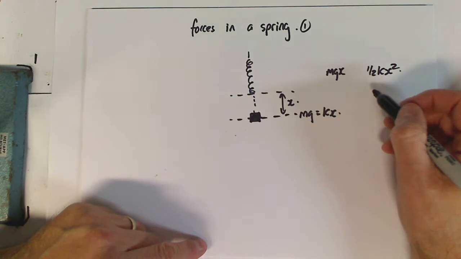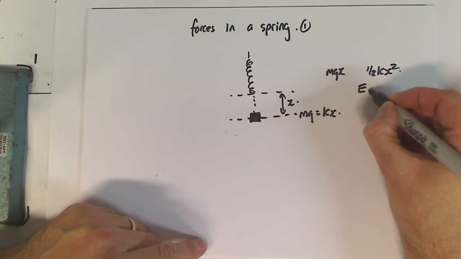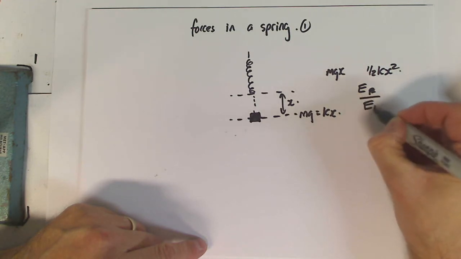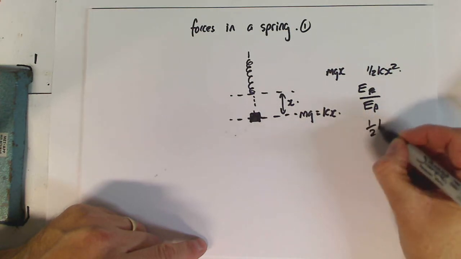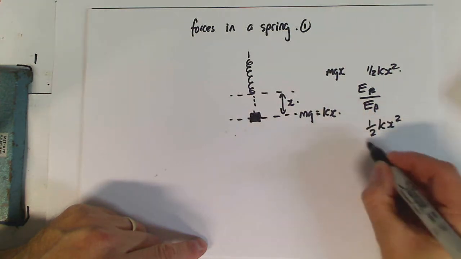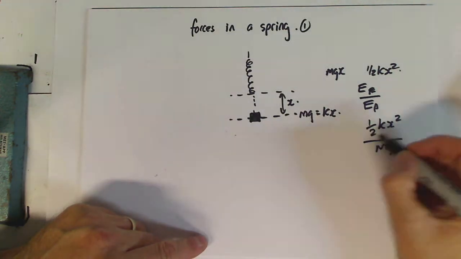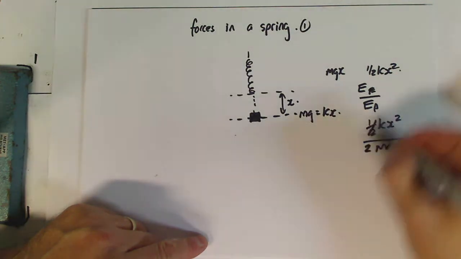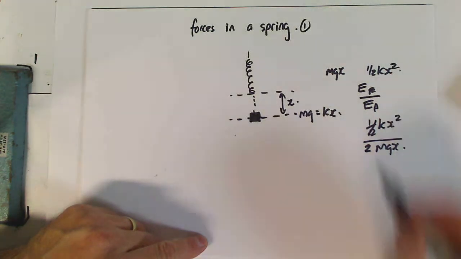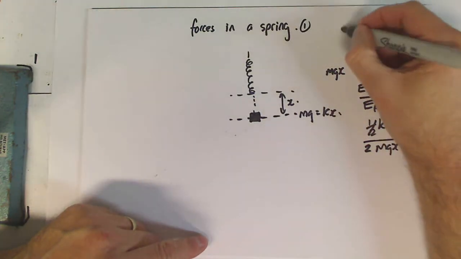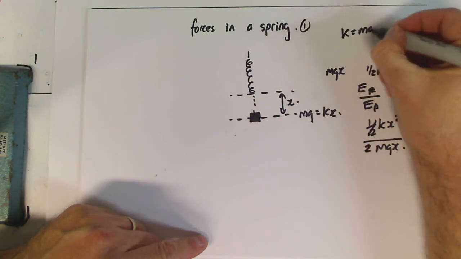So let's have a look at the energy in the spring compared to the potential energy lost. So we call that energy elastic compared to energy potential gravitational. Then what we can say is that 1/2 kx squared over mgx, if we do the maths, obviously that 2 can come down here. We know from this first little bit here, mg equals kx, that k is equal to mg over x.